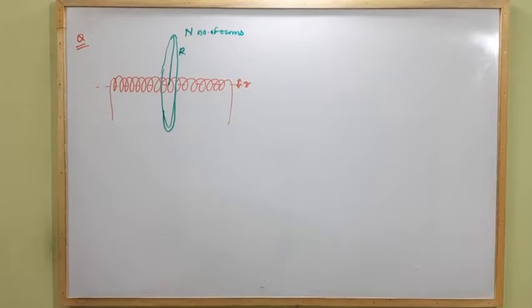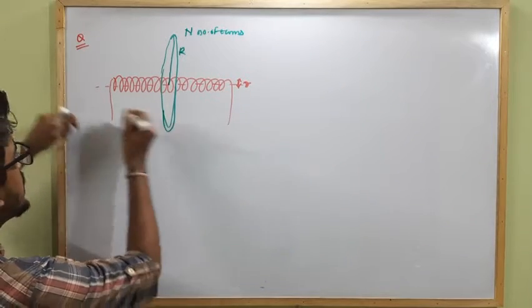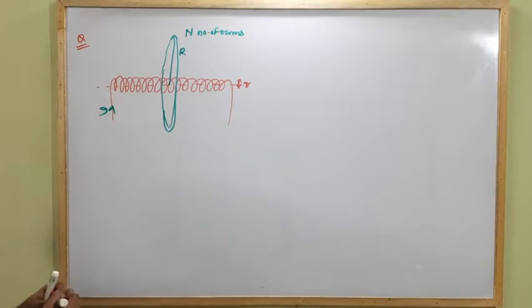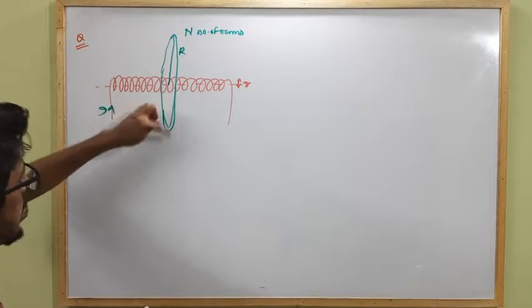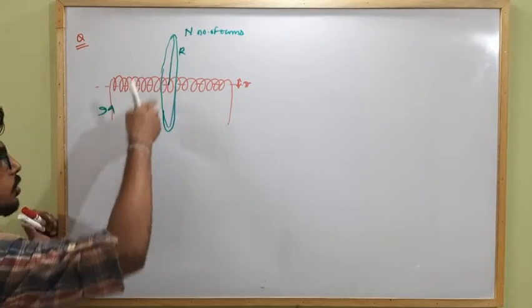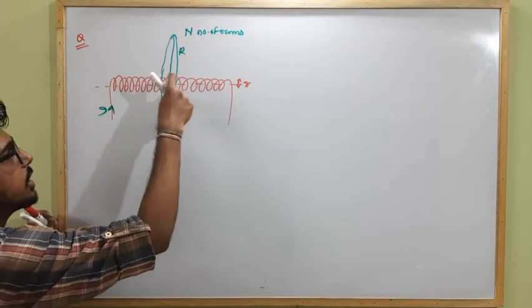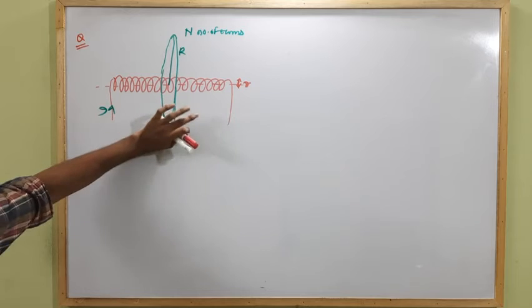Clear? So there is an ideal solenoid of radius small r, which carries current I. At the middle of this solenoid there is a circular ring of n turns of radius R, which surrounds the solenoid, or the solenoid is passing through the center of this circular ring. Clear? This is the system given.